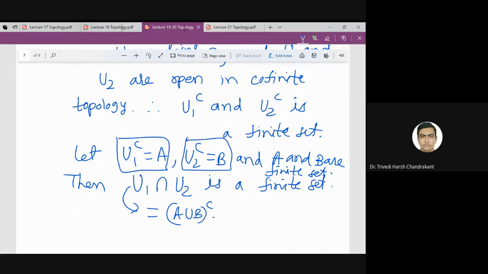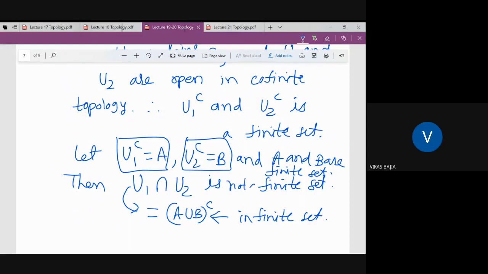So A complement intersection B complement is (A union B) complement, and this is an infinite set, because A union B is a finite set since A and B are finite, and when you remove a finite set from R, you get an infinite set. So therefore, this is not a finite set.